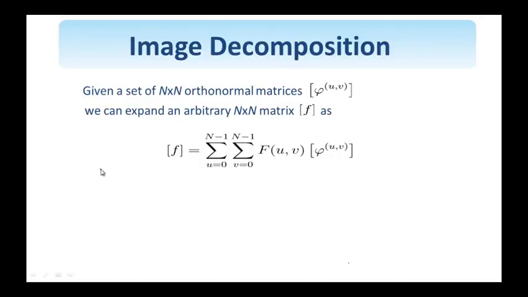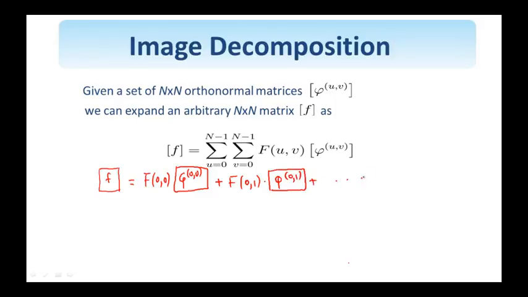This means that the image f is a coefficient f of 0, 0 times phi 0, 0, which is a matrix, plus f of 0, 1 times phi 0, 1, and so on, all the way to f of n minus 1, n minus 1 times phi n minus 1, n minus 1.